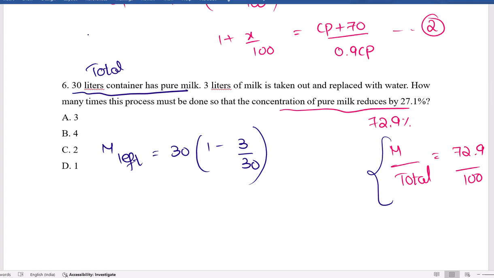Now see, this is milk left. This 30 will come to this side. I can put this as a total. 1 minus 3 by 30 means 27 divided by 30. This is 90% actually. I want 72.9. Now do one more time if you apply.